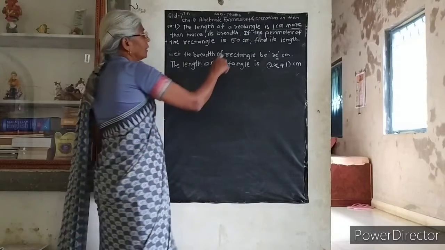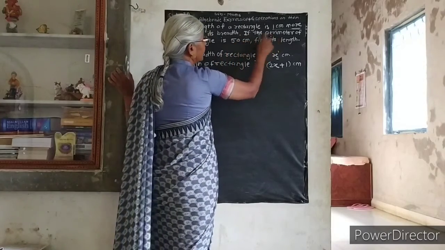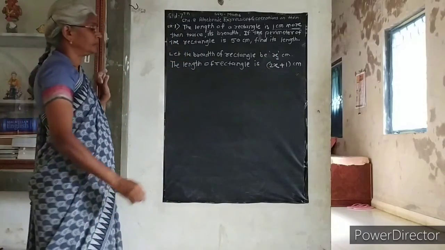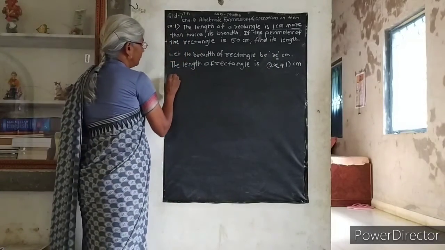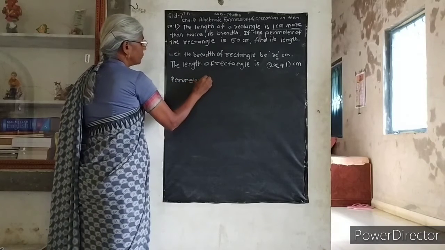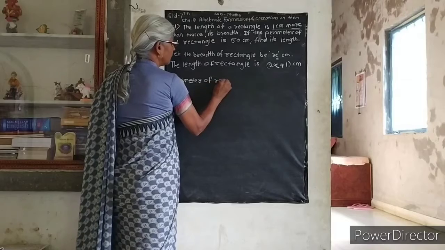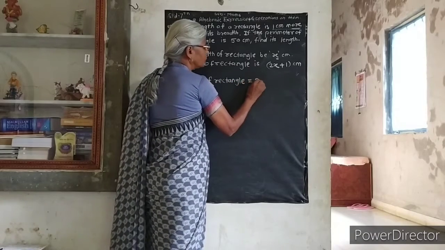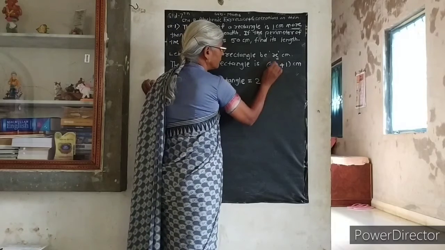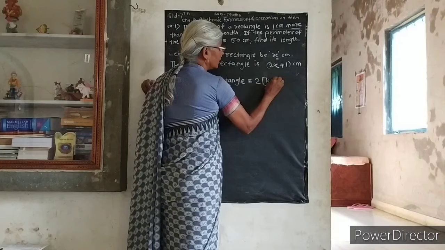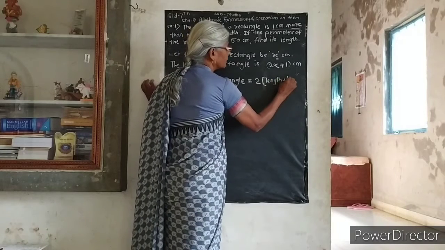Then again read the next part. If the perimeter... What is the formula for perimeter? Perimeter of rectangle is equal to 2 into (length plus breadth).